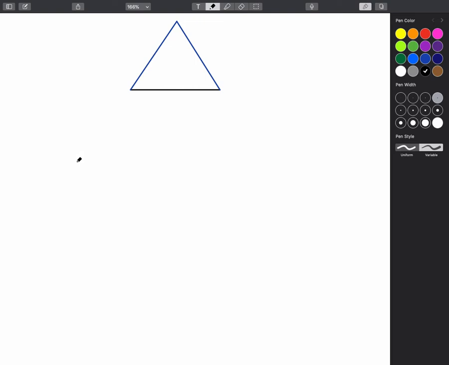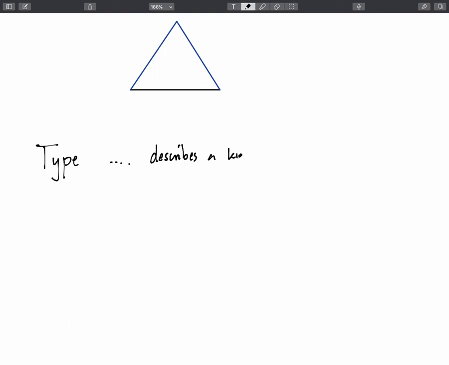And these packages are called types. So we're going to have types. A type is like a package that describes a kind of construction that can be made. A kind of construction.